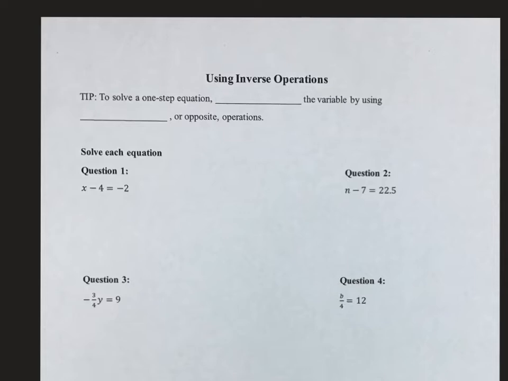The tip is to solve a one-step equation, isolate the variable by using inverse or opposite operations. Isolate means just get the variable by itself. If you remember from junior high, inverse operations are basically just opposites of each other.